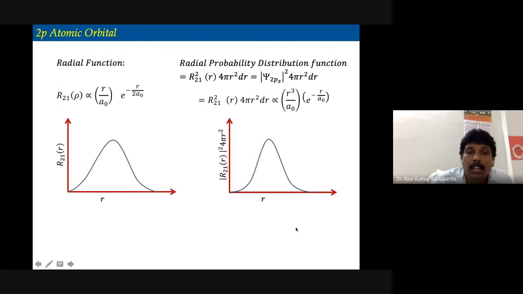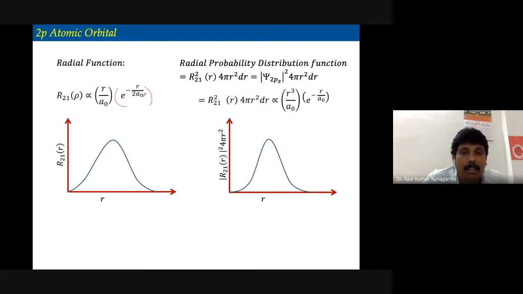Now, I just wanted to plot how the radial plot looks. How can we plot this? Again, just use your physical intuition. The radial function R21 is directly proportional to r over a naught multiplied by e to the power minus r by 2 a naught.